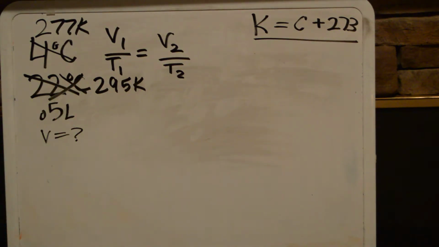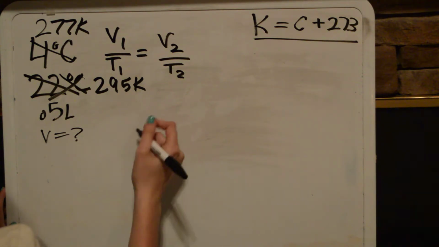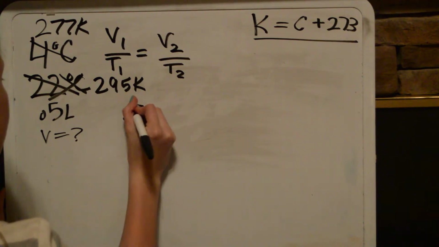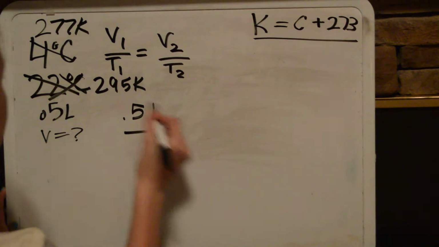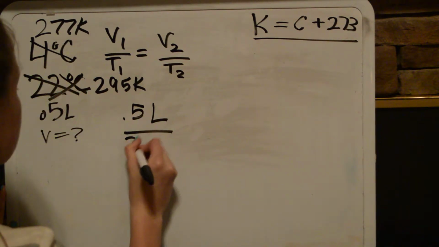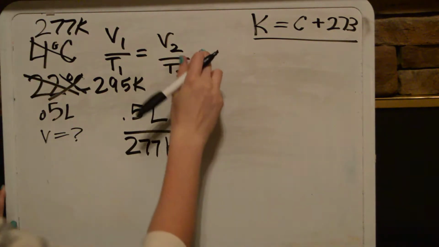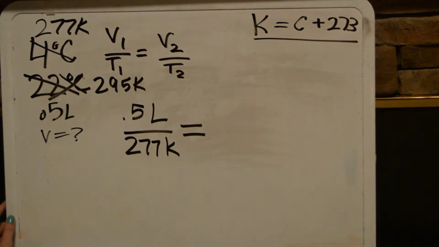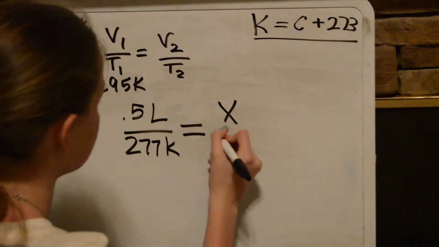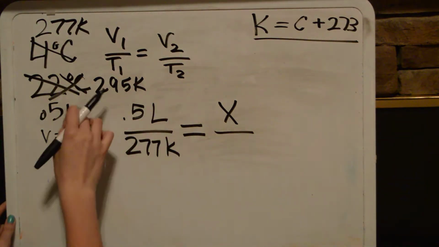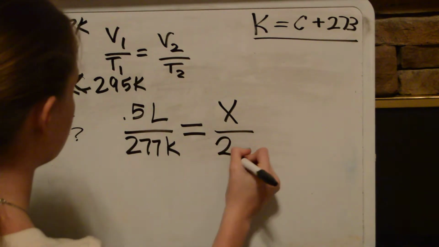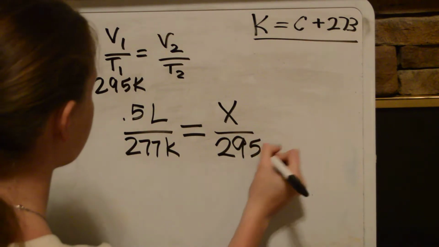So now, let's plug and chug. V1, that's volume 1, 0.5 liters divided by T1, which is 277 Kelvin, equals V2. Remember, that's the variable we're looking for, so we're going to put a big X there, divided by T2, which is 295.